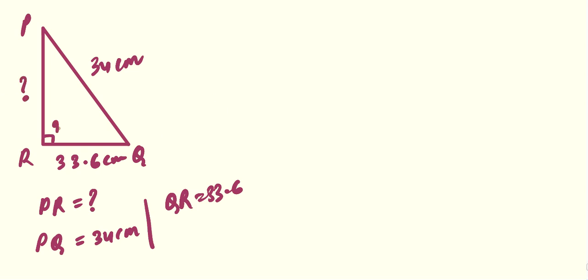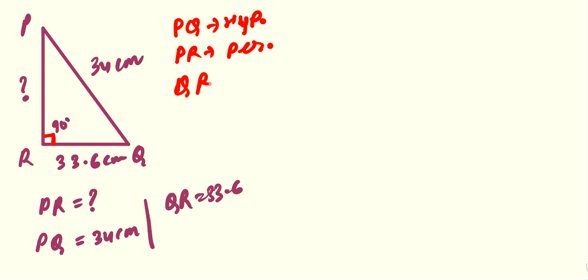So first you have 90 degree here, and as I told you, the side opposite to this 90 degree is PQ here. So PQ will be your hypotenuse, and PR you can take as base or perpendicular. I am taking PR as perpendicular, and QR will be your base.